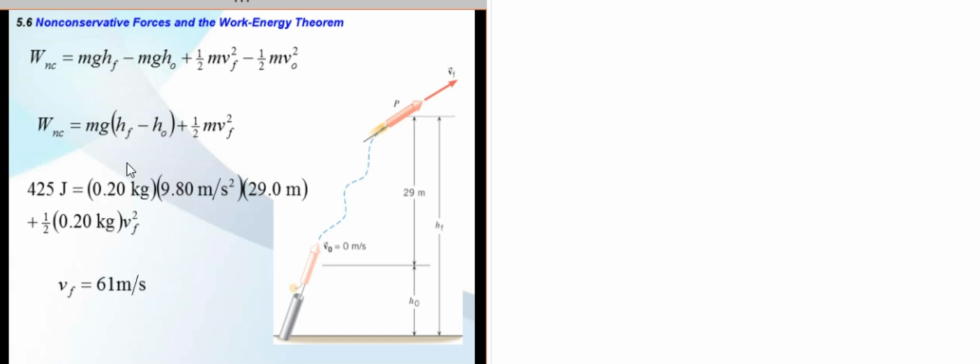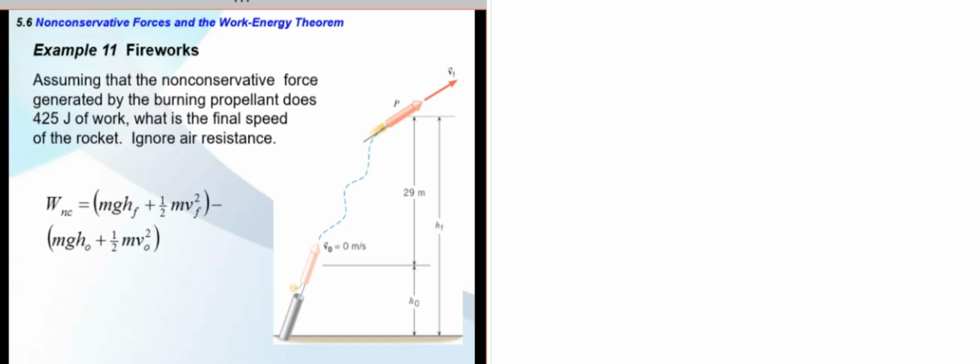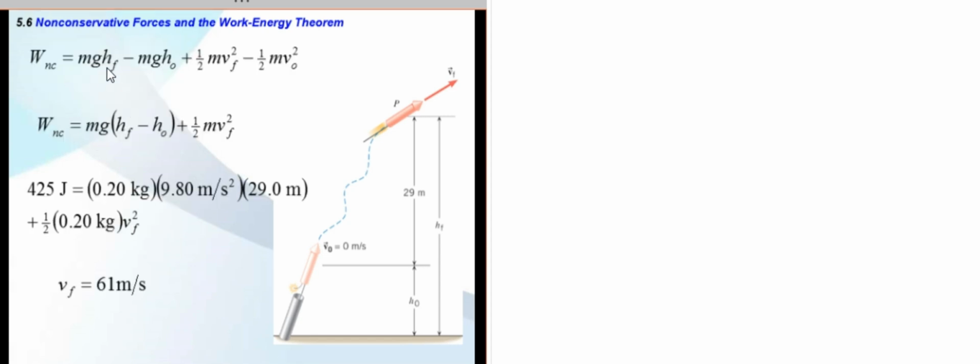Again, by rearranging our terms, WNC is mghf minus mgho, these are the potential energies, plus 1/2 mv squared minus 1/2 mv sub o squared, these are the kinetic energies.